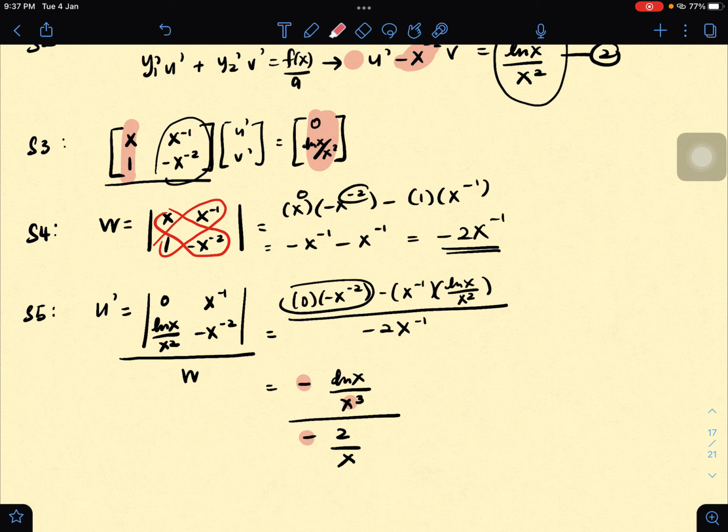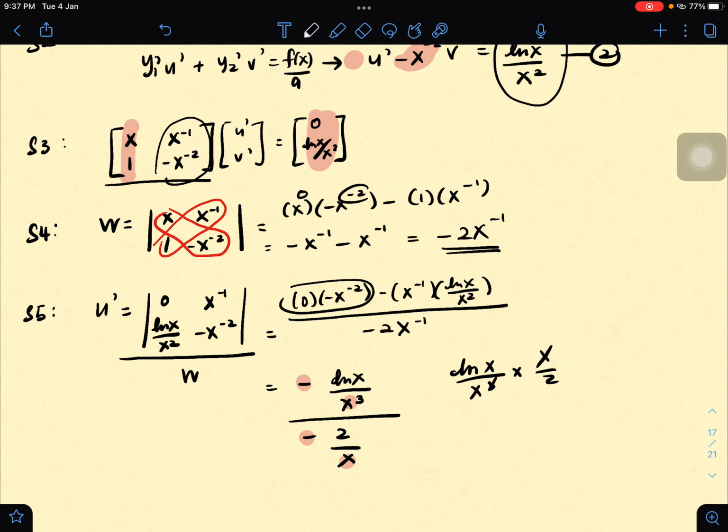This x cube and x can be cancelled. So what you have is 2 ln x over x to the power of 2, with the 2 at the bottom. Or if you are confused, it will be like this: ln x over x cube multiplied by x over 2.